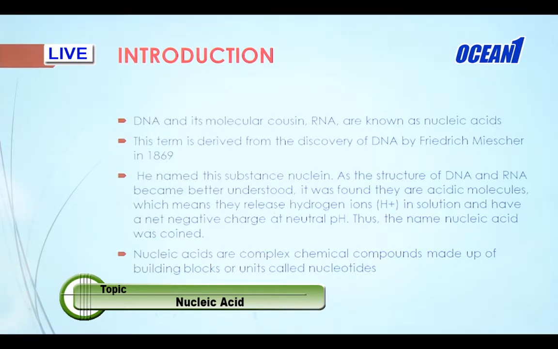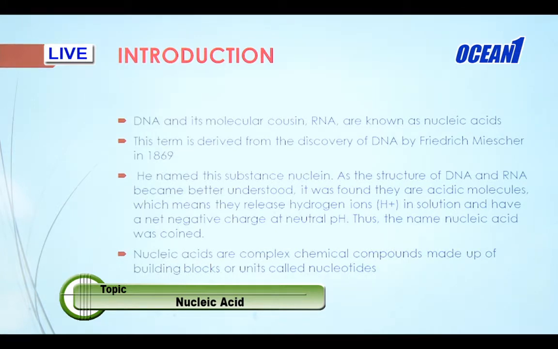The reason it was called nucleic acid is that they were found to be acidic molecules, which means that they release hydrogen ions in solutions and have a net negative charge at neutral pH. Thus, the name nucleic acid.